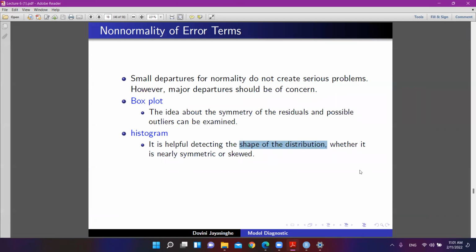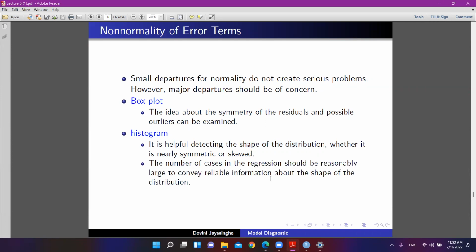So if you get a statement like this: by a histogram, you can determine whether the error terms are normally distributed or not, true or false. It's false. By a histogram, you can detect whether the error terms are symmetric or skewed. Yes, true. So be careful with things like that. I just gave you a clue.